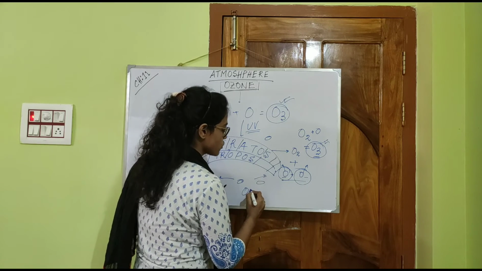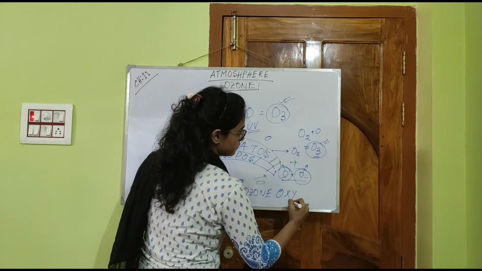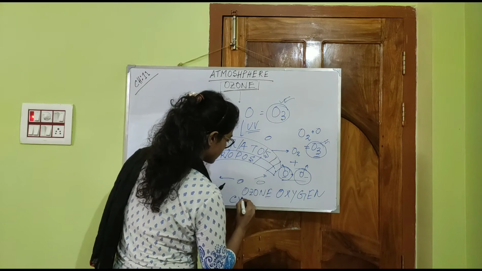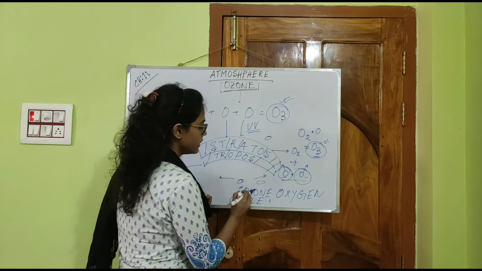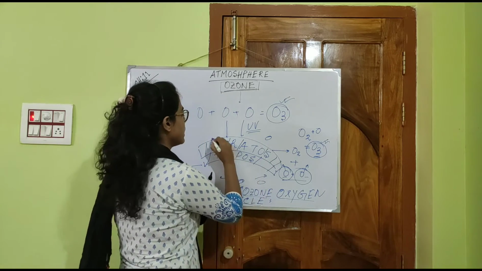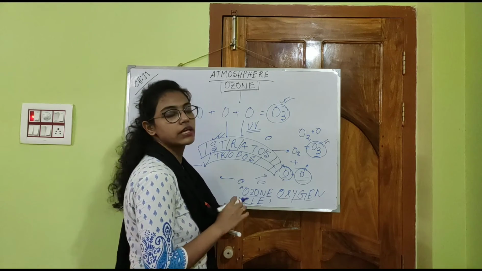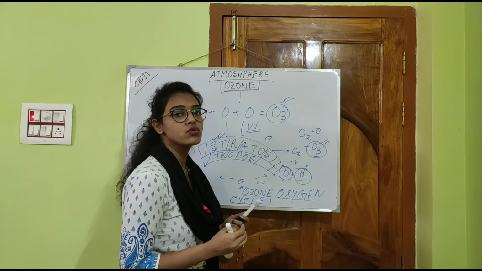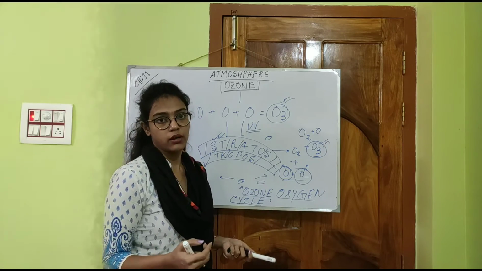So this is the ozone oxygen cycle. This ozone oxygen cycle is continuously going on in the layer of the stratosphere. So this is the formation, how ozone is continuously made and broken down.